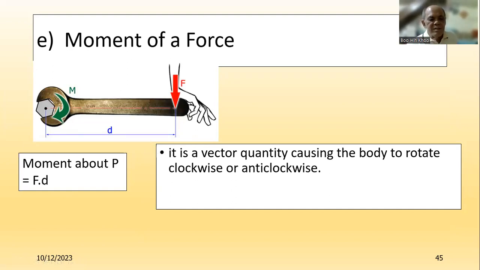Remember, that has a direction. So this moment of force is a vector, causing a body to rotate clockwise or anti-clockwise. In this case, it's clockwise.